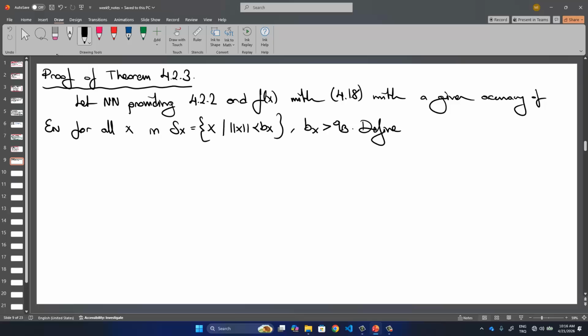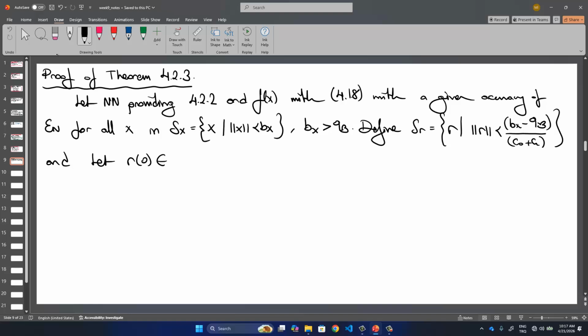Define SR, which equals the filtered tracking error R smaller than Bx minus QB. This is proved in the previous lesson. C0, C2, and let R0 be an element of SR. Okay? That's it. These are conditions, these are assumptions. Okay.